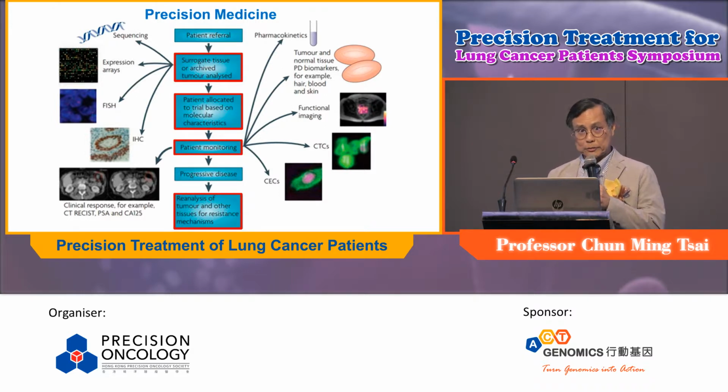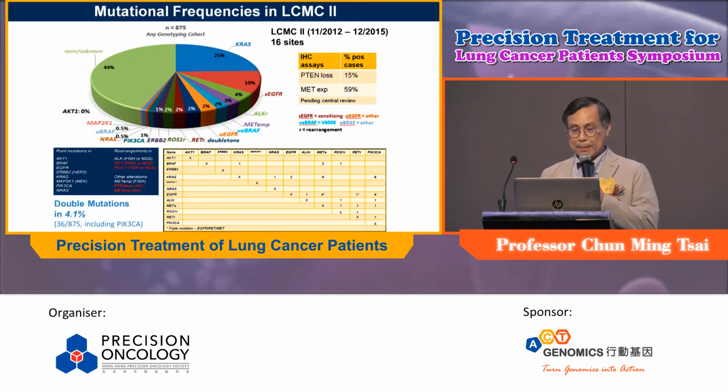And once the disease progresses, we have to do it again, and particularly select the rapidly growing part of the progressed tumors to do the genetic test, to find out the disease mechanism, then pick up the right agent to treat this case.